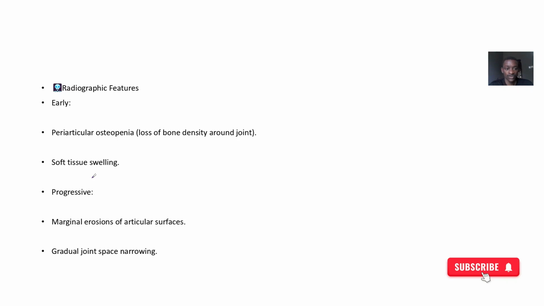Okay, so on the radiograph, you see periarticular osteopenia. That's loss of bone density around the joint. Soft tissue swellings. As it progresses, you see marginal erosions of articular surfaces. Gradual joint space narrowing. So the space around the joints will actually start going back.